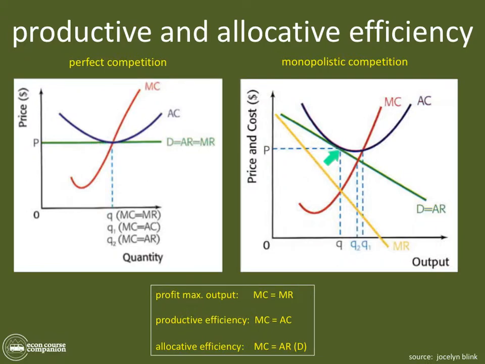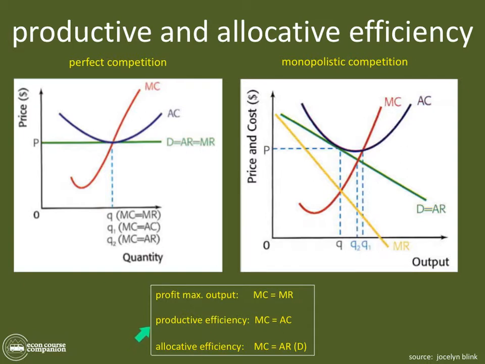But here's the thing. Because in monopolistic competition there is a downward sloping demand curve, which is the result of the firms in this industry having some kind of product differentiation, this demand curve is going to be downward sloping. That is going to change the outcomes of productive efficiency and allocative efficiency.